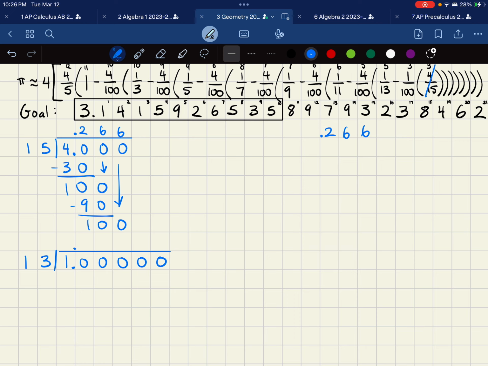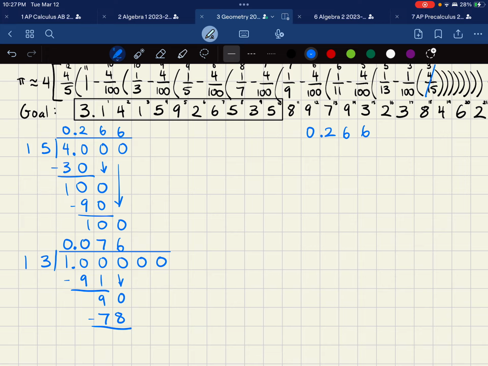13 doesn't go into 10. There's a 0 up there as well. 13 does go into 100 though. If I multiply by 7, that's 91. It's going to be 9, bring down 0. 13 times 6 is 78.